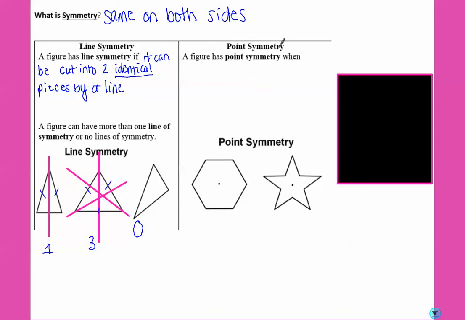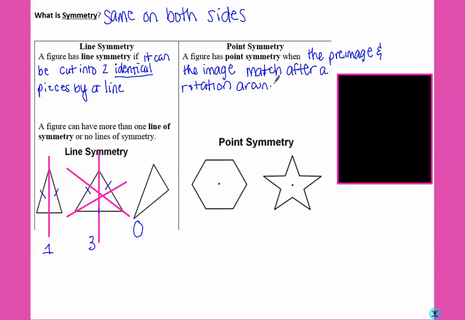Another type of symmetry is point symmetry. A figure has point symmetry when the pre-image and the image match after a rotation around a point in the center.